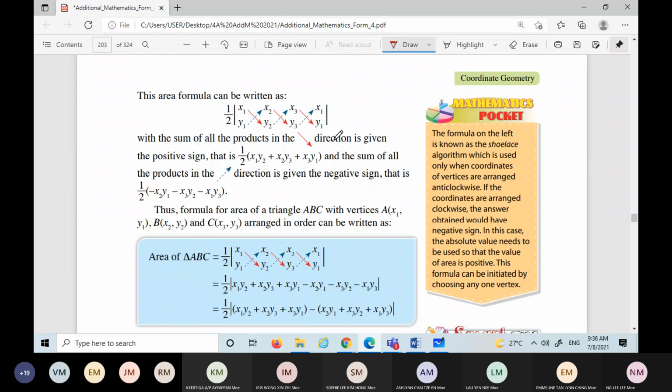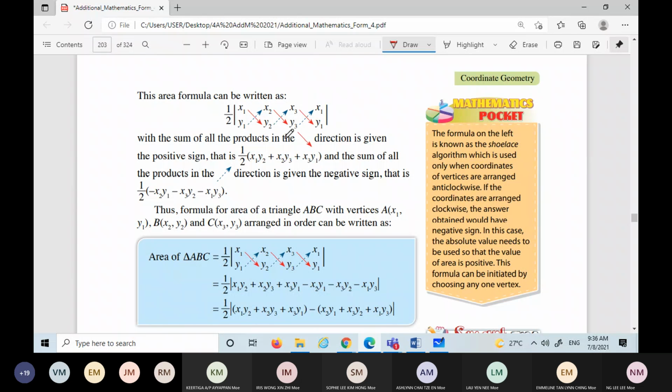First, you draw the arrow, the red color one, pointing down. This means your x1 times y2, your x2 times y3, and then your x3 times y1. Then get the sum.